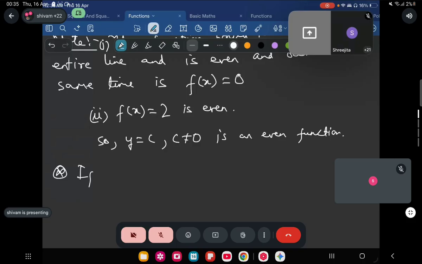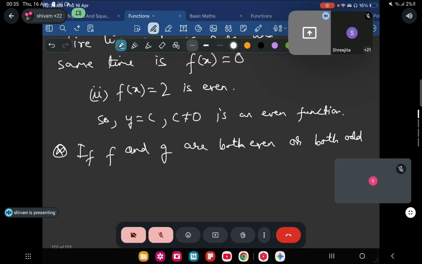If f and g are both even or both odd, then the function f into g will be even.